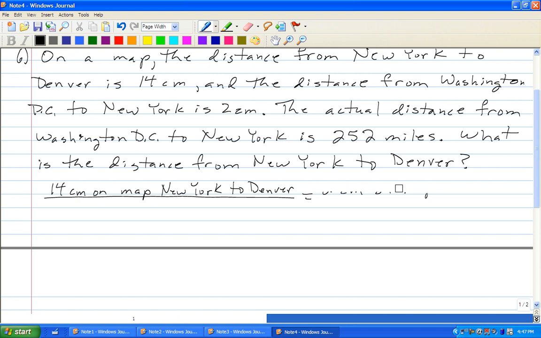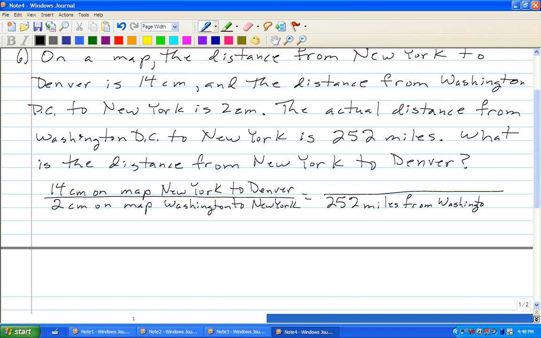And the actual distance from Washington, D.C. to New York is 252 miles, and I don't know how many miles from New York to Denver.